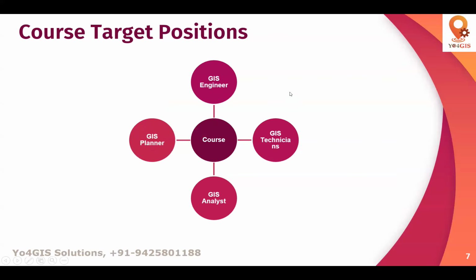So this course basically targets which positions. Normally once you have done this course, you can apply for GIS engineer, GIS technician, GIS analyst, and after you get some experience, you can apply for GIS planner.